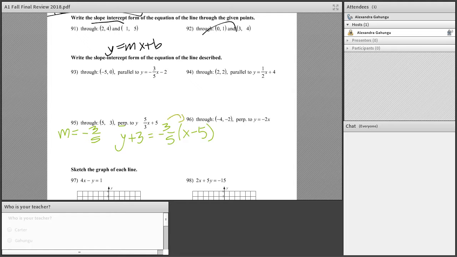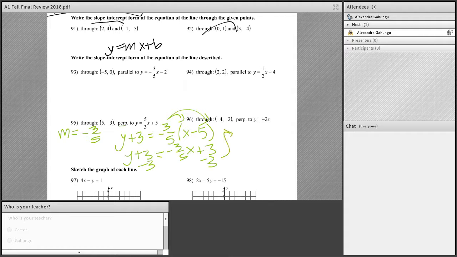So we distribute, and then we'll deal with that 3 next to y. And the 5's cancel, so we get +3, and then subtract 3.